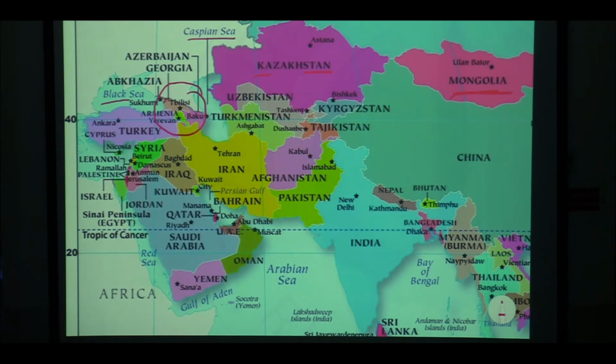And these 3 countries are collectively called Caucasus states. Which are the Caucasus states? It's Azerbaijan, Armenia and Georgia.